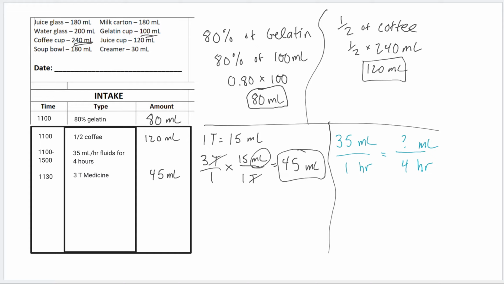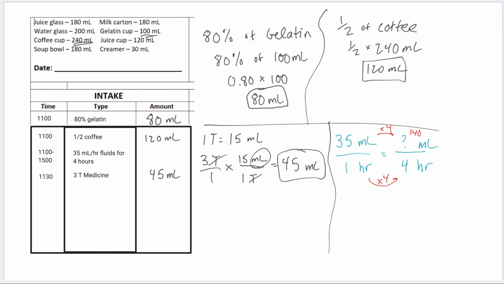This is a missing value proportion that you should be able to solve. If we think back to the various methods we addressed, you could use cross multiplication. I see here the hours are just increasing by 4, so the milliliters are going to increase by 4, and 35 times 4 is 140 mLs.